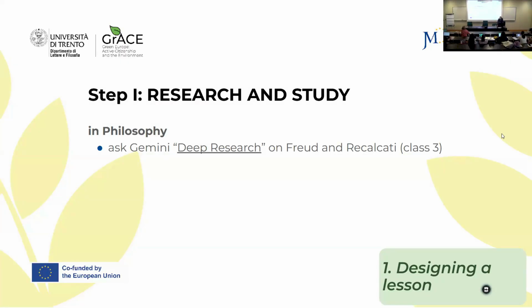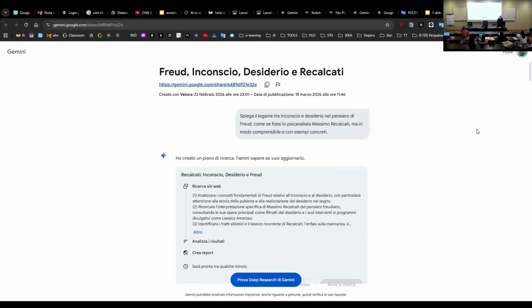For example, I wanted to understand better the connection between the Freudian thought and the way Recalcati, who is a psychoanalyst in Italy, and I appreciate him, understands the concept of desire in Freud.